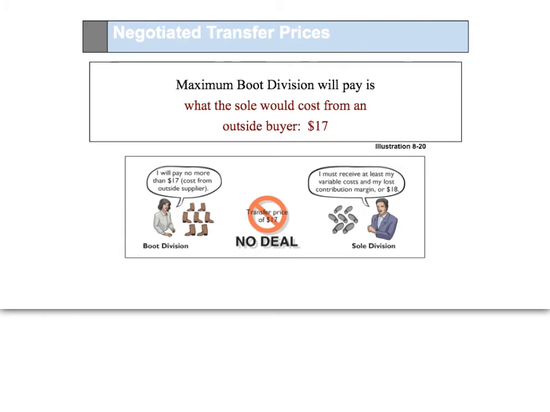But the boot division is buying it from the outside world at $17, so there would be no deal. The manager of the boot division says, I'm not going to pay more than $17. The manager of the sole division says, well, look, I am getting $18 for my soles now, selling to the outside. So we have no deal.